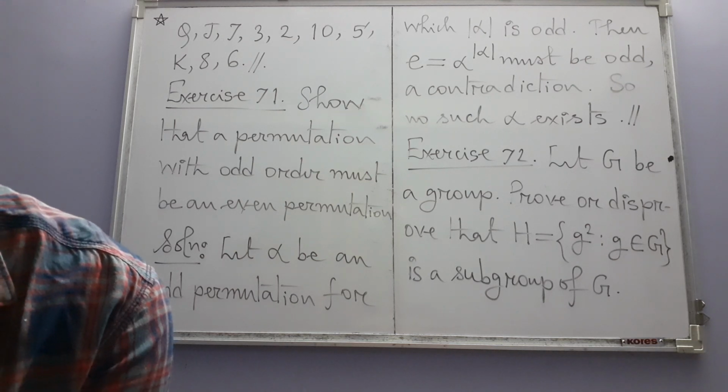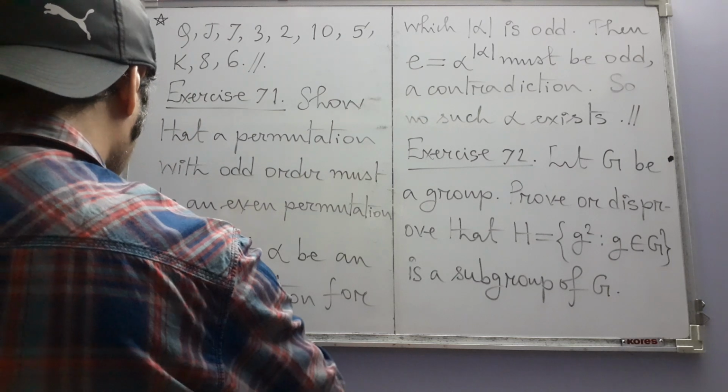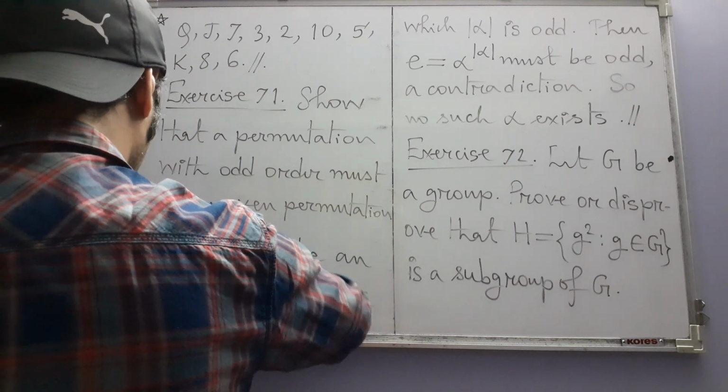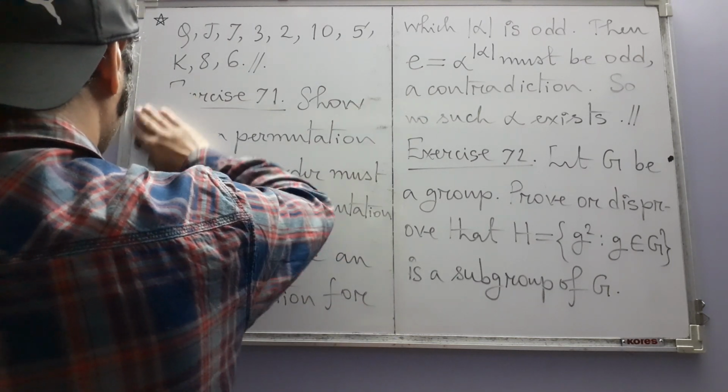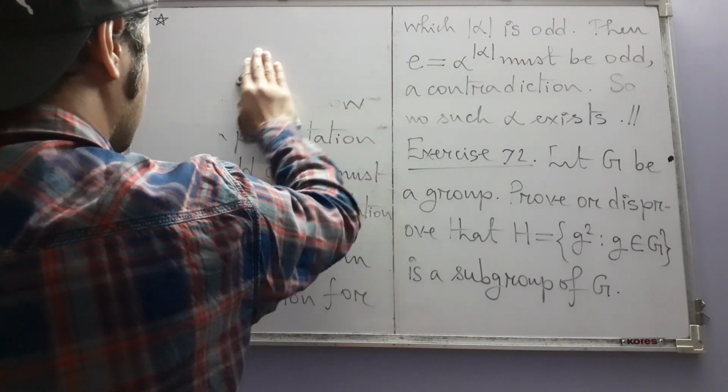It is not true. And the counterexample is provided by the group A4, the alternating group of degree 4. How? Let's see.